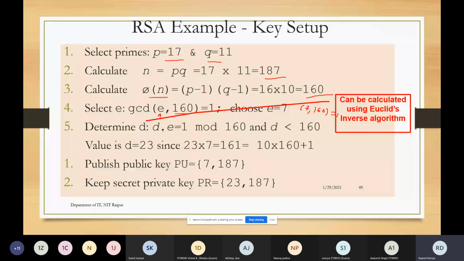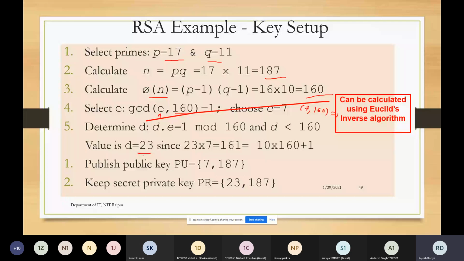For this particular example, D can be 23, because the moment you multiply 23 with 7, it produces 161, and when you take 161 modulo 160, it produces 1. So you can say that D is the inverse of E. In this case, for E equals 7, D can be 23.